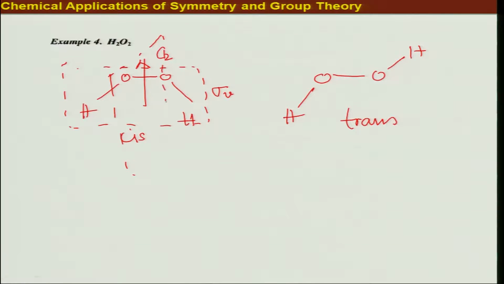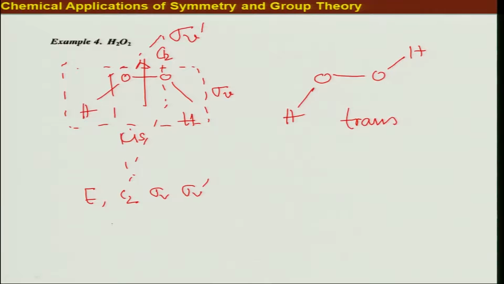If I draw, this is another sigma plane which I call sigma v prime, and this sigma v prime is perpendicular to the sigma v. So these are all the symmetry operations that I have. So I have E, C2, sigma v and sigma v prime.